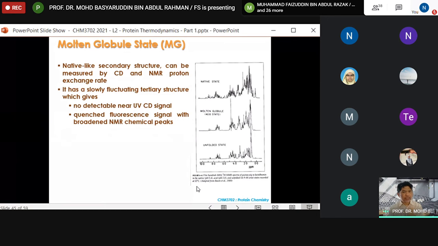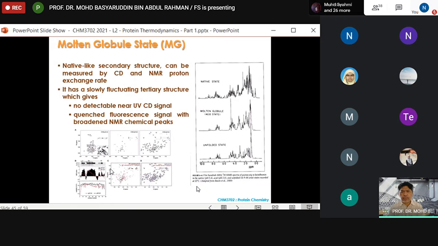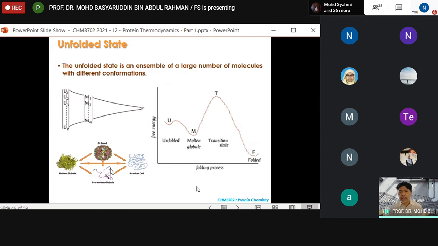So basically, we can study this one by CD, as I mentioned just now, but there are two, far or near UV circular dichroism spectroscopy. Okay. Let's see what else after this. Yeah, this is what we can see from the folding process, the unfolded to the molten globule.